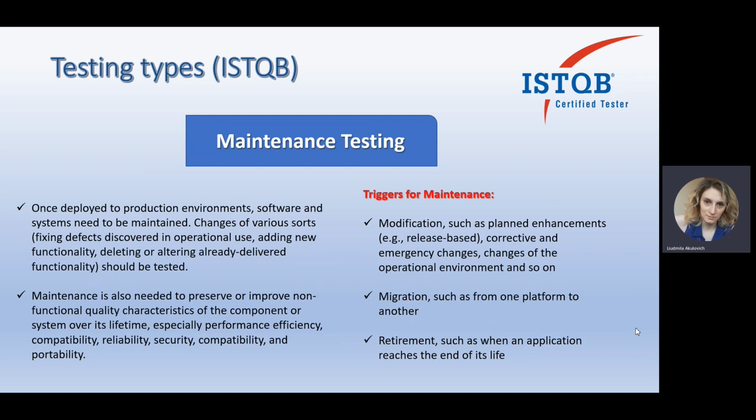So if we are talking about maintenance testing, ISTQB gives you triggers for maintenance. As I said before, this is any kind of modification, but it can also be triggered by migration, for example, when your application moves from one platform to another, and retirement, such as when an application reaches the end of its life.